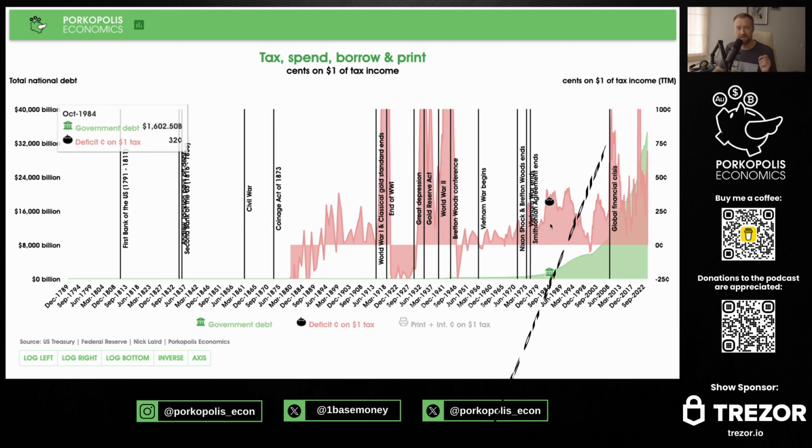What does that mean? It means during this period, from November 1983 to October 1984, always on a trailing 12-month basis, the government deficit spent. Let's forget how much tax they collected, but just assume that for every dollar of taxes they collected, they spent $1.32.